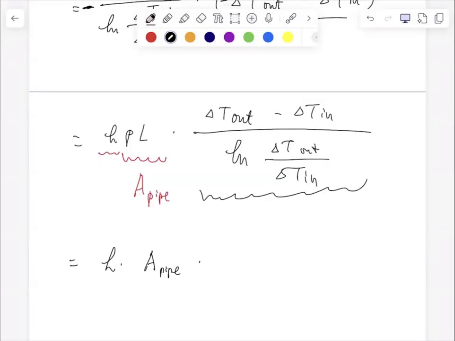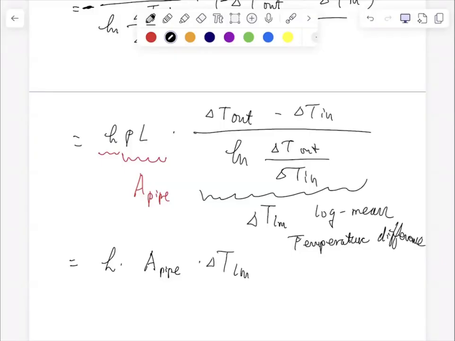In this case, we call this the log mean temperature difference, delta T LM. So it is the log mean temperature difference.